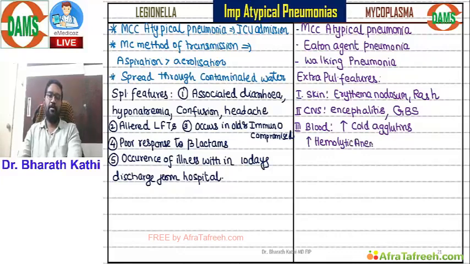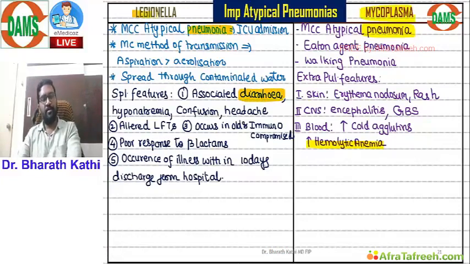So if you come across pneumonia and hemolytic anemia combination, you should think about Mycoplasma. Pneumonia and diarrhea combination, you might think about Legionella. So pneumonia diarrhea combination, probability of Legionella. Pneumonia hemolytic anemia combination, probability of Mycoplasma.